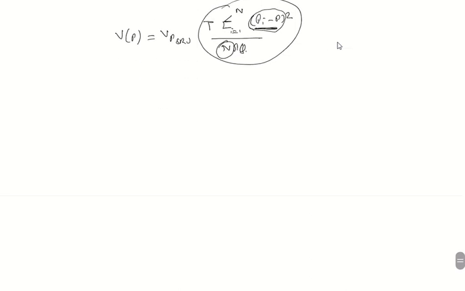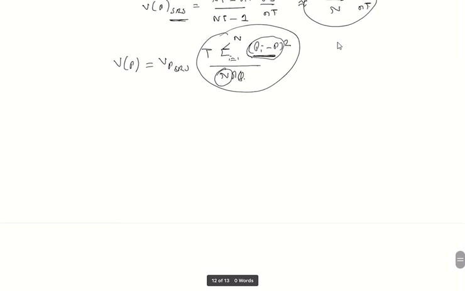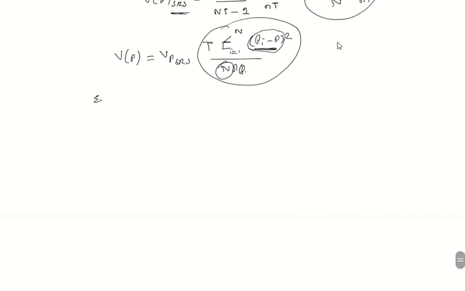Now so far we have covered cluster sampling with equal size, but in the majority of situations we actually don't have equal size, and we have clusters of unequal size. So, estimation in cluster sampling with clusters of unequal size.